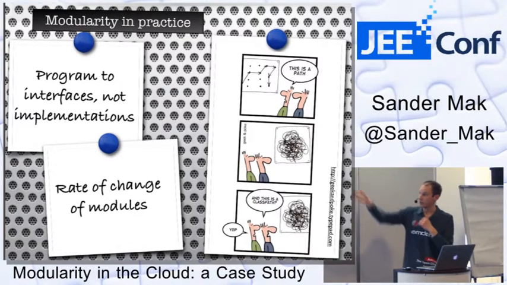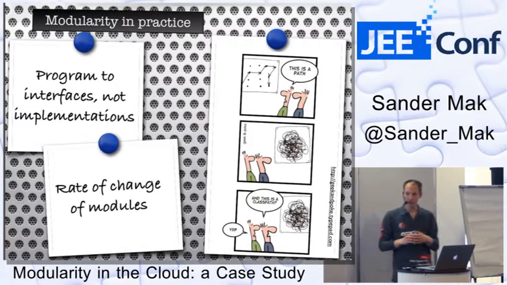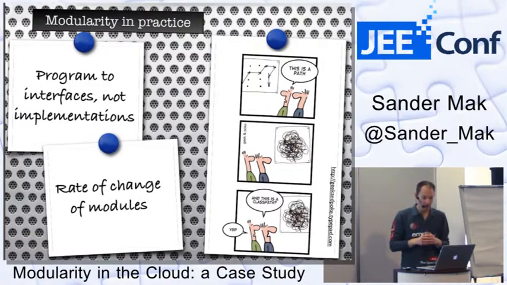One way to start is to program to interfaces. Define services in your application and decouple the implementation from the actual interface you're talking to, so you can easily swap out your implementation. For example, if you don't want your triple store, your RDF semantic database anymore, but you want MongoDB, fine. But your interface should be the same because you're still storing the same kind of data. You're just doing it in a different subsystem.